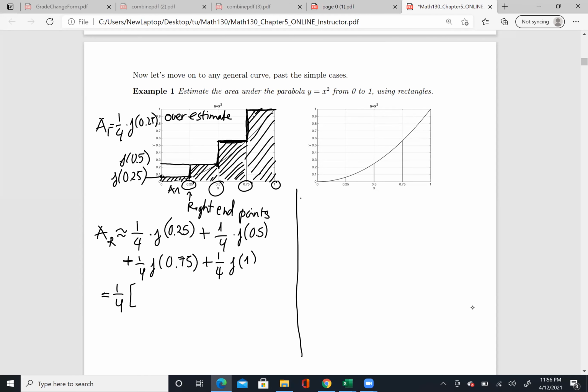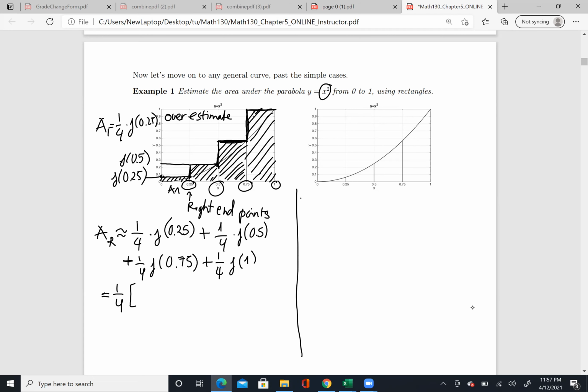So f of 0.25, what is that equal to? We want to square it, right? So 0.25 squared, plus 0.5 squared, plus 0.75 squared, plus 1 squared.